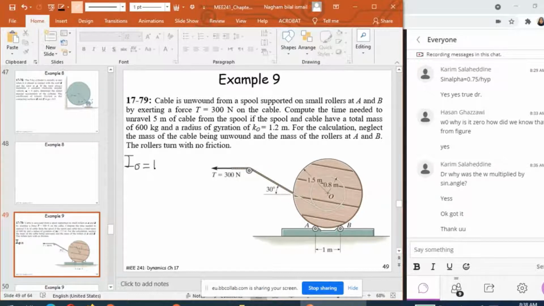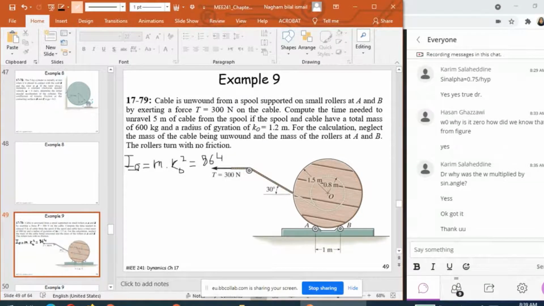What is IO? It's M KO squared. Since M is 600 and KO is 1.2, 1.2 squared times 600 is 864 kilogram meter squared. All right, guys?